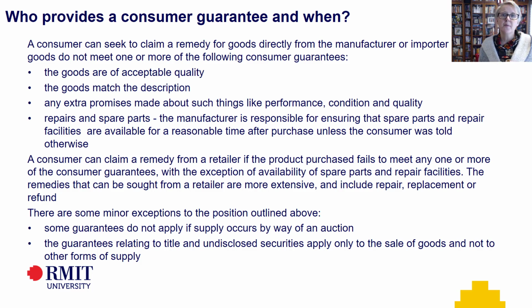Now, what's really important about these particular provisions is you cannot exclude them. So you cannot include an exclusion clause in your document that says, notwithstanding anything else that might be in legislation, we don't give you any warranties as to fitness for purpose. Now, that's quite different from terms that are implied as a matter of law.